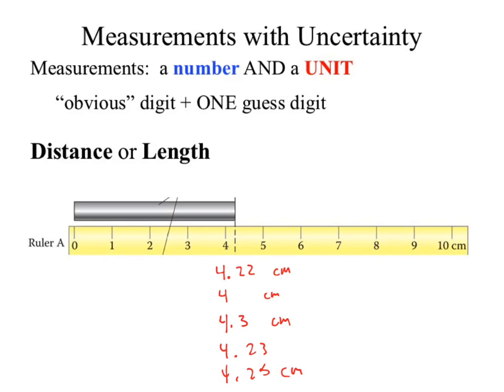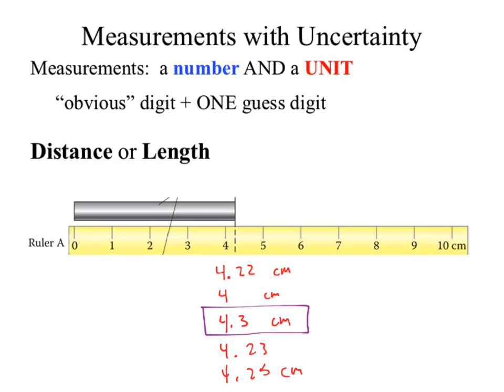Of those, who is correct? Uh, 4.3 is the only one that is correct. Every other value is wrong. Yeah, it was like, well, what? Didn't we all measure the same thing? Yeah. That doesn't mean you use the device correctly.